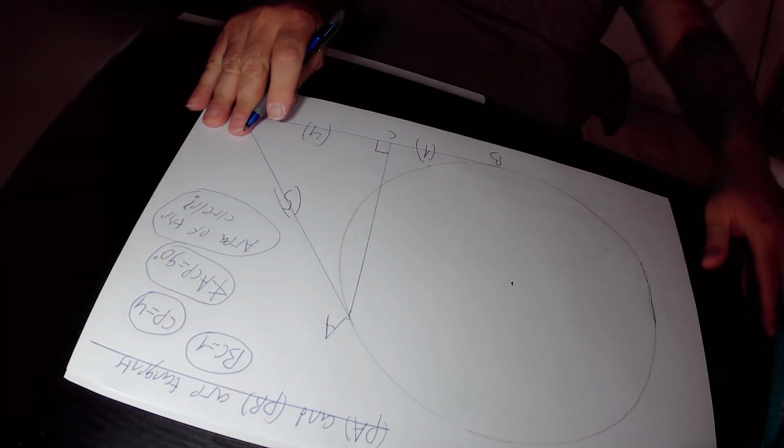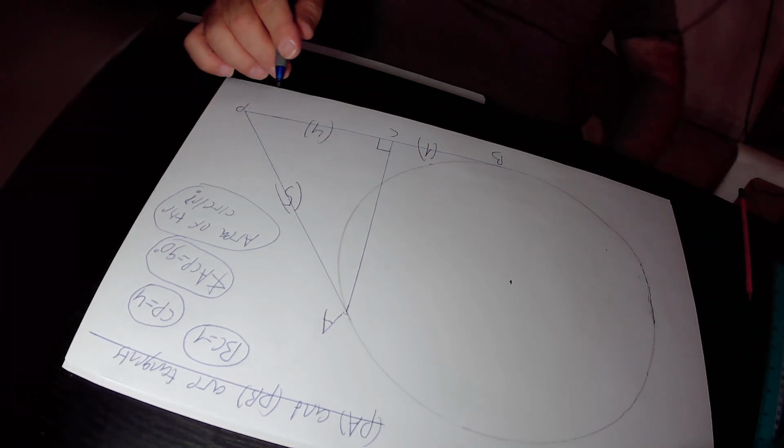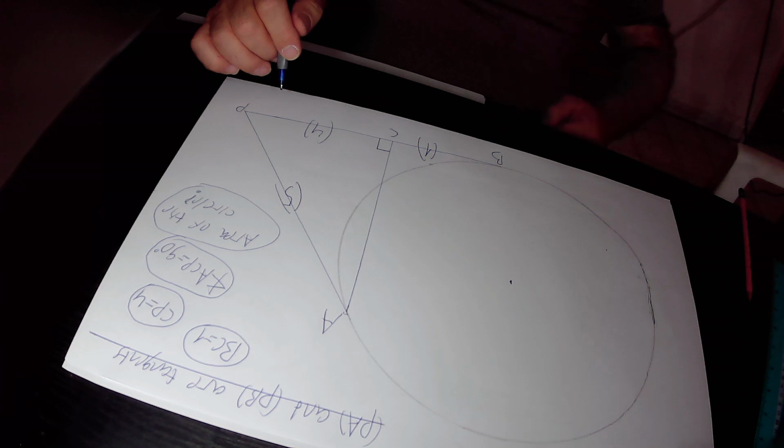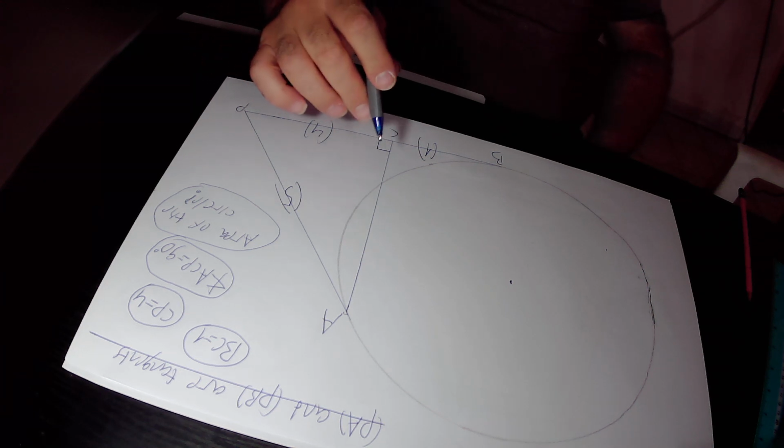In the next step, I'll copy the right triangle ACP onto a new page, and we'll implement the Pythagoras theorem in this right triangle ACP.